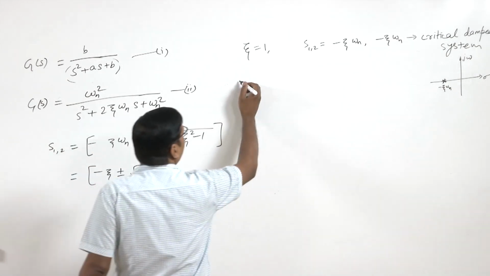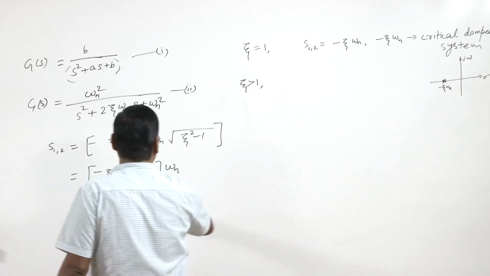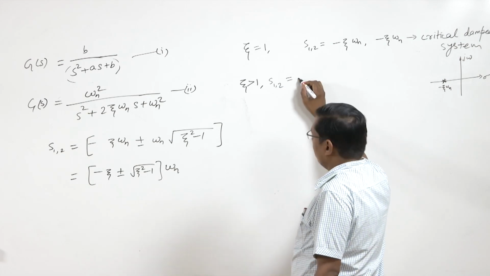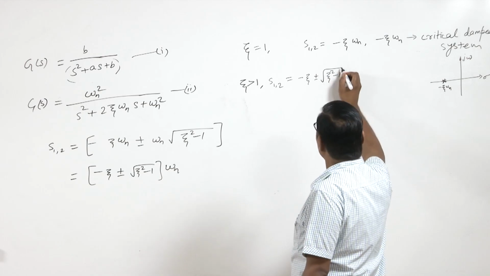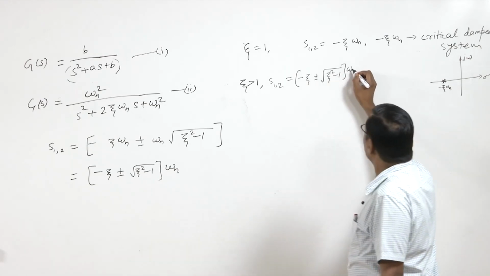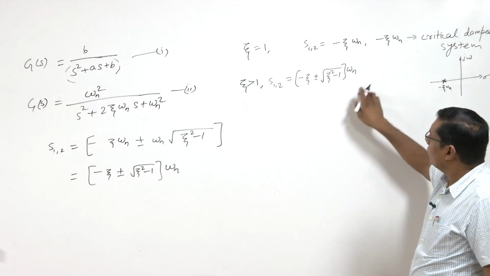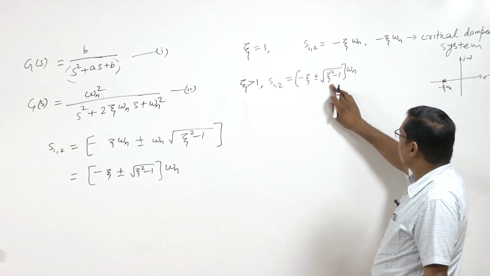When we have zeta greater than 1, we have 2 roots, S1,2 equal to minus zeta plus minus root zeta square minus 1, times omega n. So here the roots are one with plus, the other with minus. So the roots are real and distinct because zeta is greater than 1.